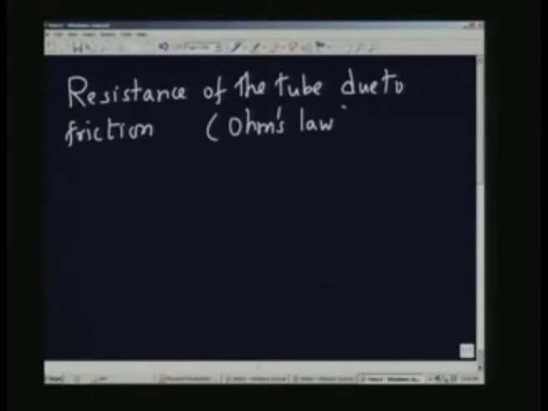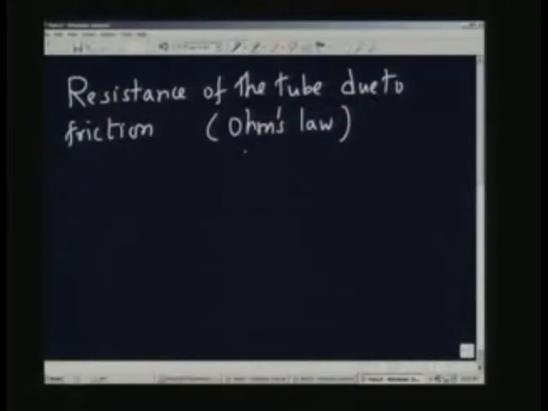In electricity, we have the Ohm's law. The Ohm's law says that the current is potential difference divided by the resistance. So, we will identify the potential difference here with the pressure difference, and we will identify the current. Instead of the current, I have the mass flow rate.